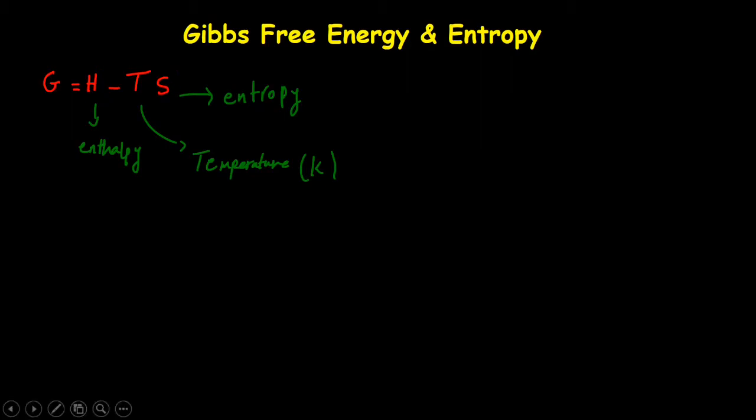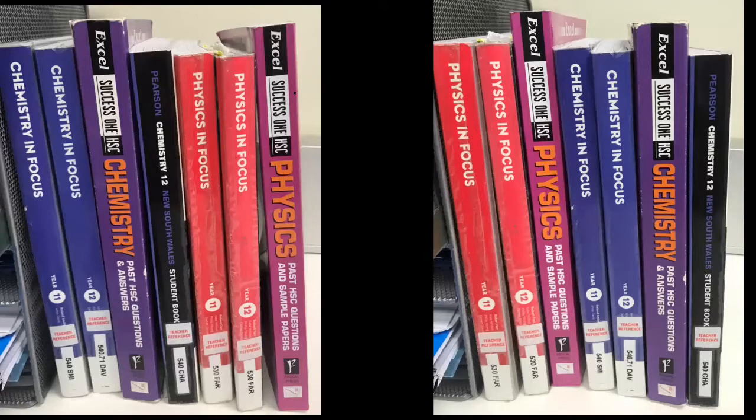Entropy of a system is the number of ways energy is distributed through a system. If you look at the image on the left side, I put all physics books on the right side and all chemistry books on this side. As you can see, I don't have many options.